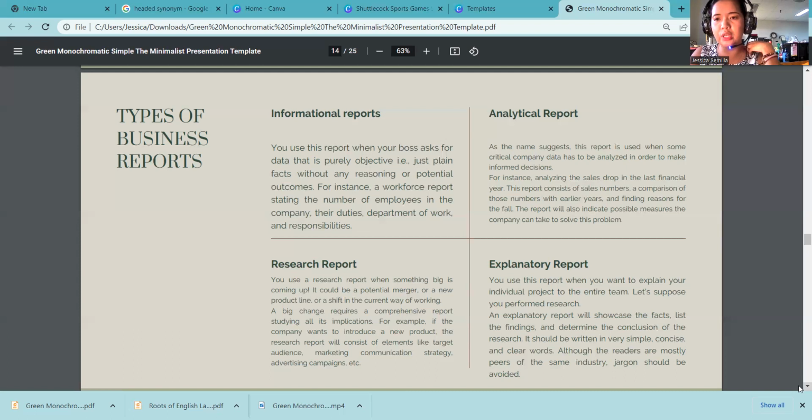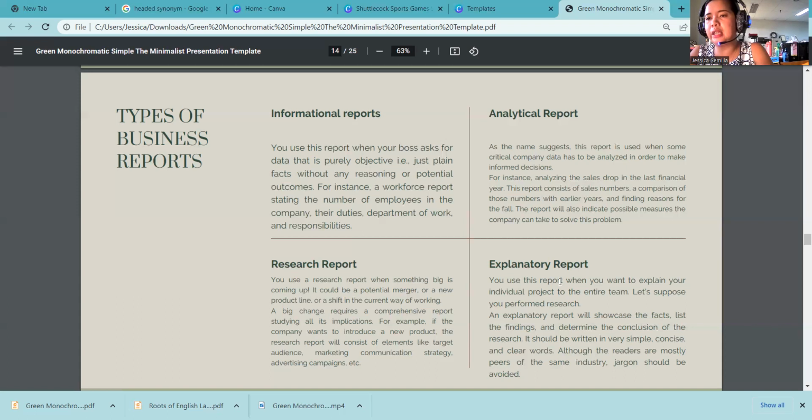You use a research report when something big is coming up, a potential merger or a new product line, or there is a comprehensive report studying all its implications. The example of that is a company wanting to introduce a new product, consisting of elements like target audience, marketing, communication strategy, and advertising campaign.